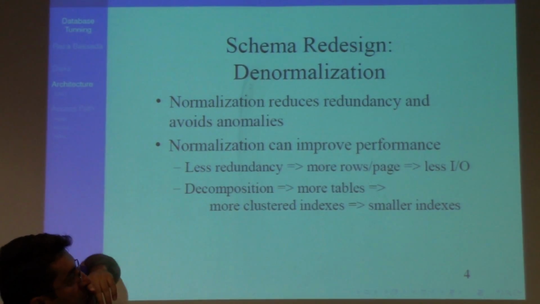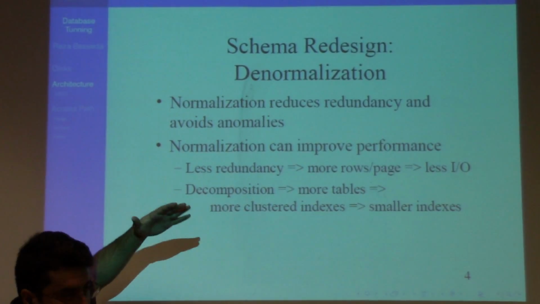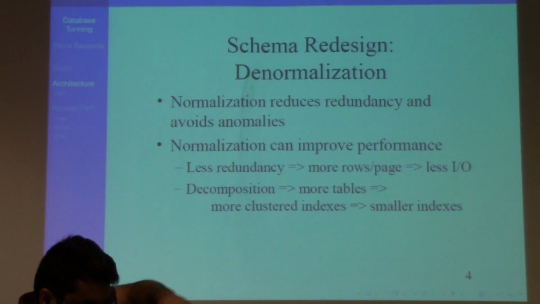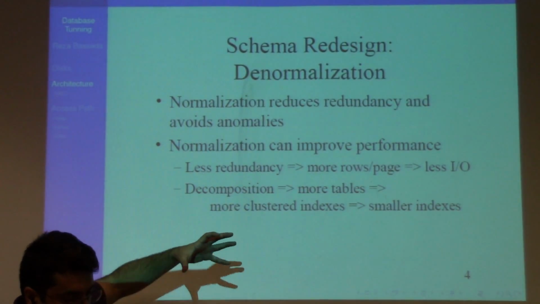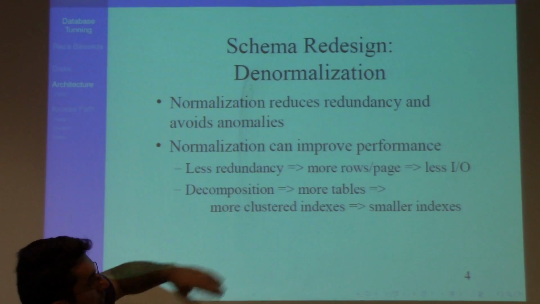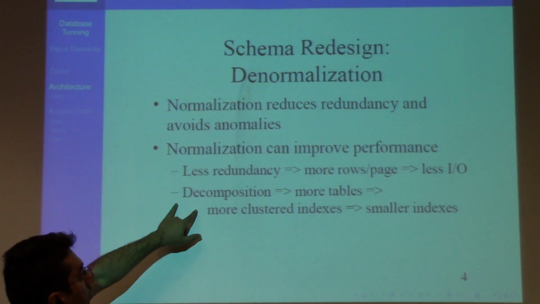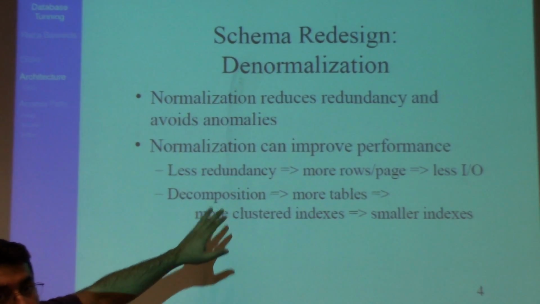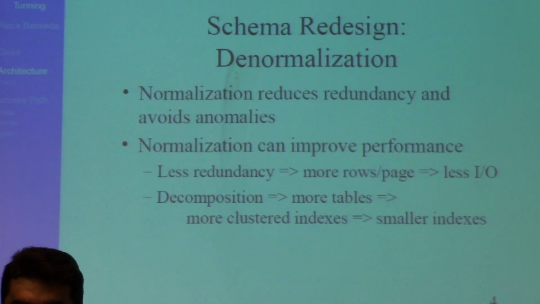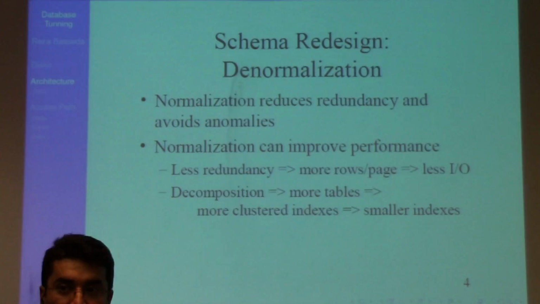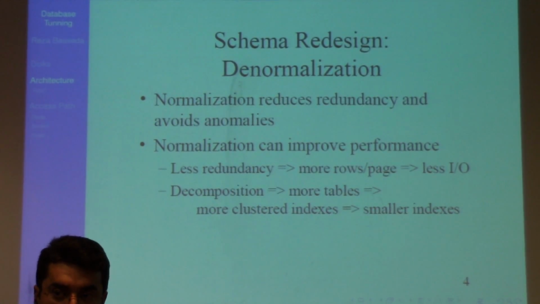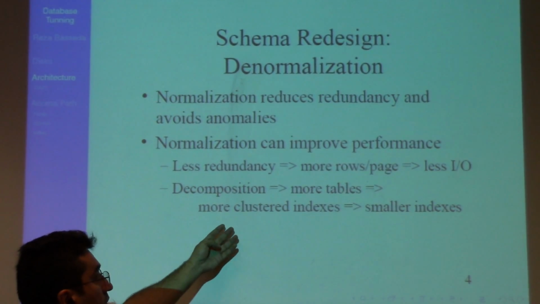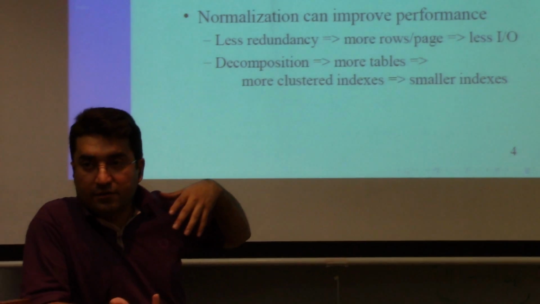Then we will have more rows in one page, because the size of the tables will be decreased. Then we will have less I/O, and it also decomposes tables. When you decompose a table, you have more flexibility in choosing indexes, right?